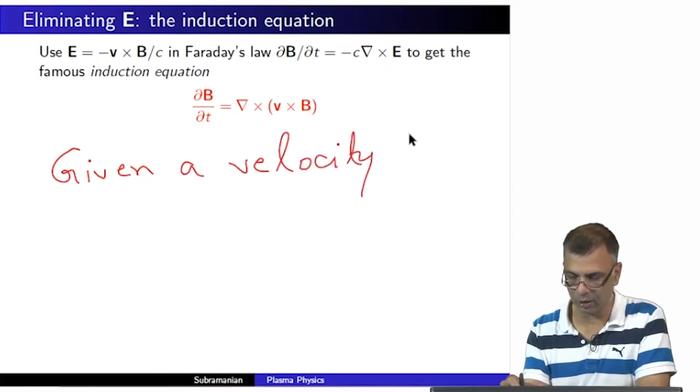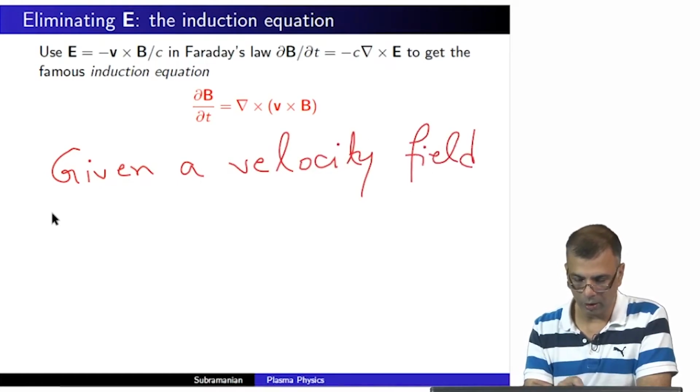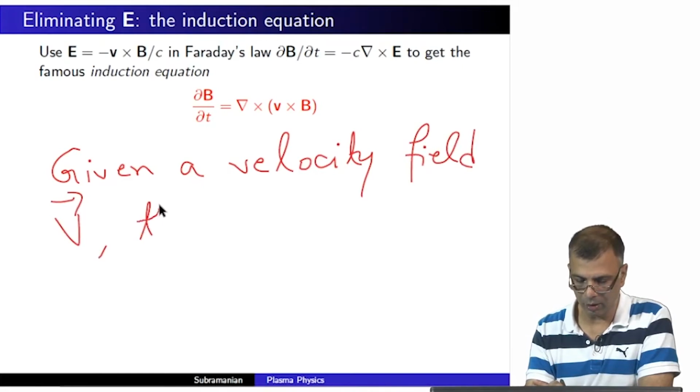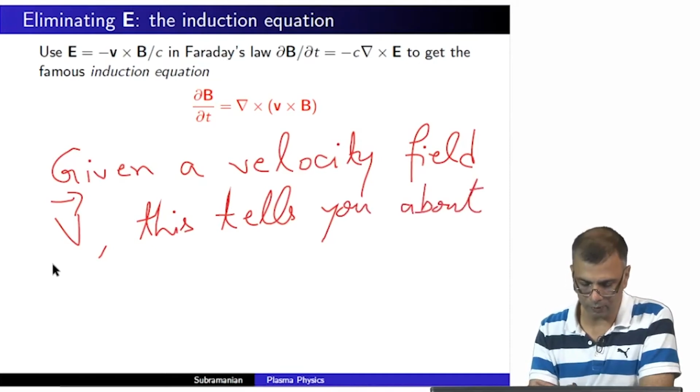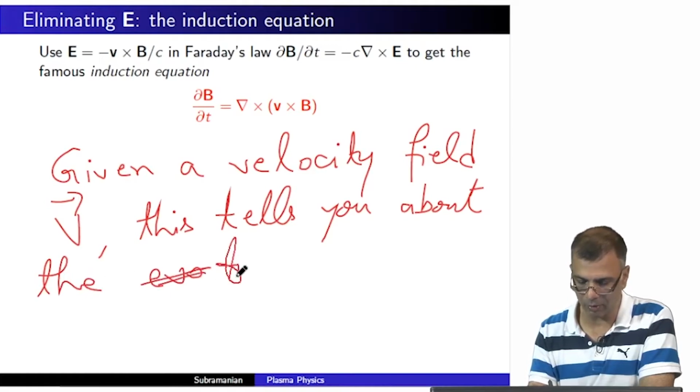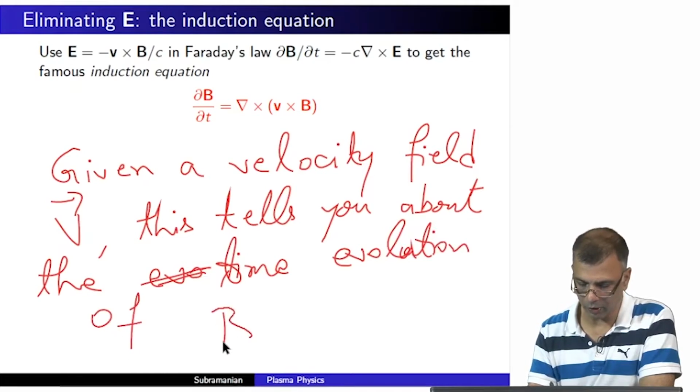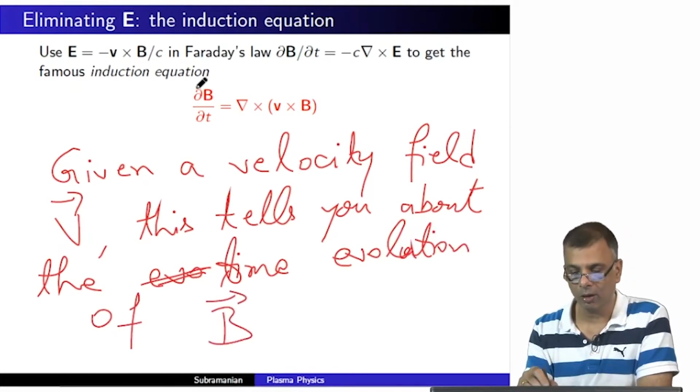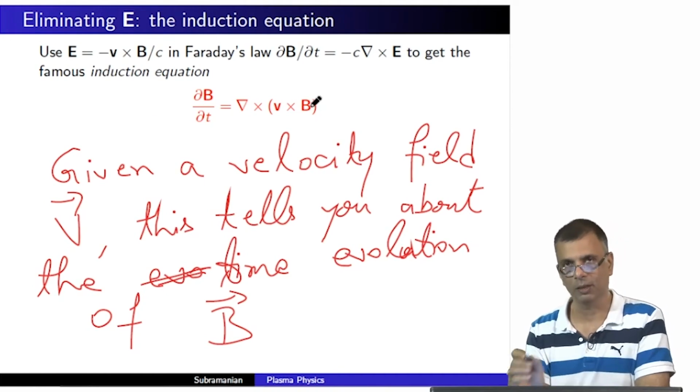Given a velocity field V, this tells you about the time evolution of the magnetic field B. All you need is V, right, and this is a complete dynamical equation for B.